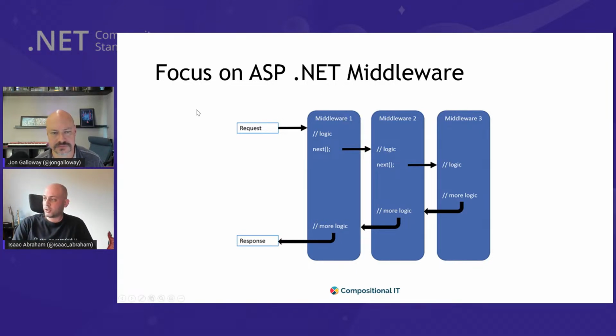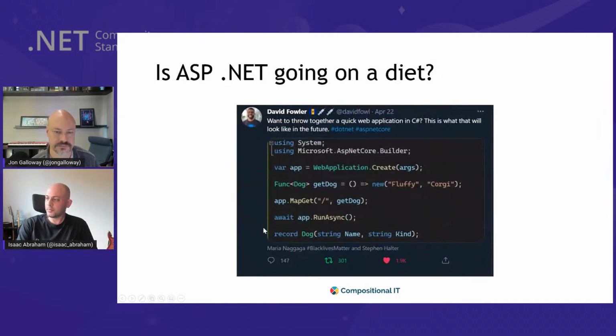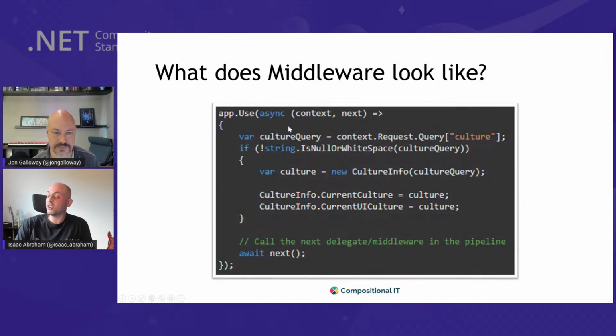We take in a request and it goes to the first bit of middleware, which does some logic. That could be an auth check or going through some headers. Then we call a function called next, which will call the next piece of middleware, and that will call the next one. Eventually it will unwrap and go all the way back out, and you'll end up with a response.